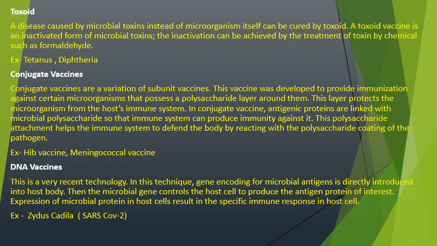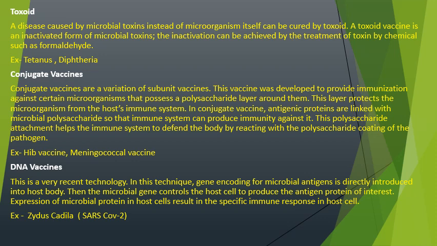This polysaccharide attachment helps the immune system to defend the body by reacting with the polysaccharide coating of the pathogen. Examples for such vaccines are the HIV vaccine. HIV stands for the Haemophilus influenza B, and another example for this is meningococcal vaccines.